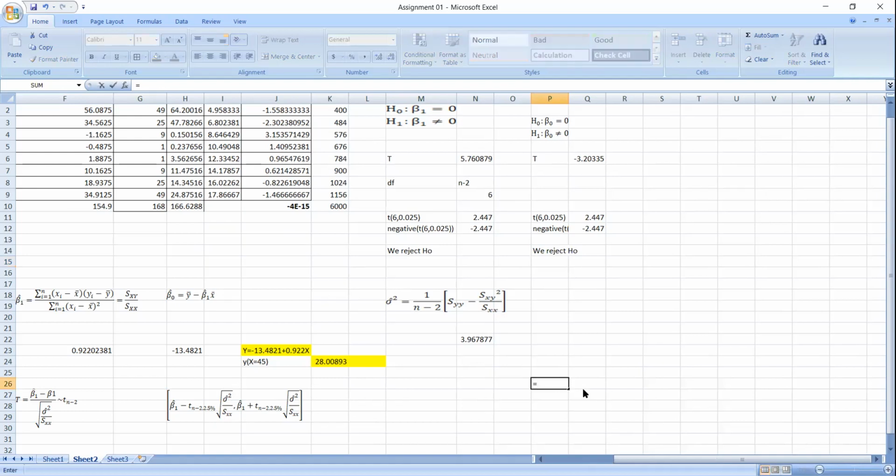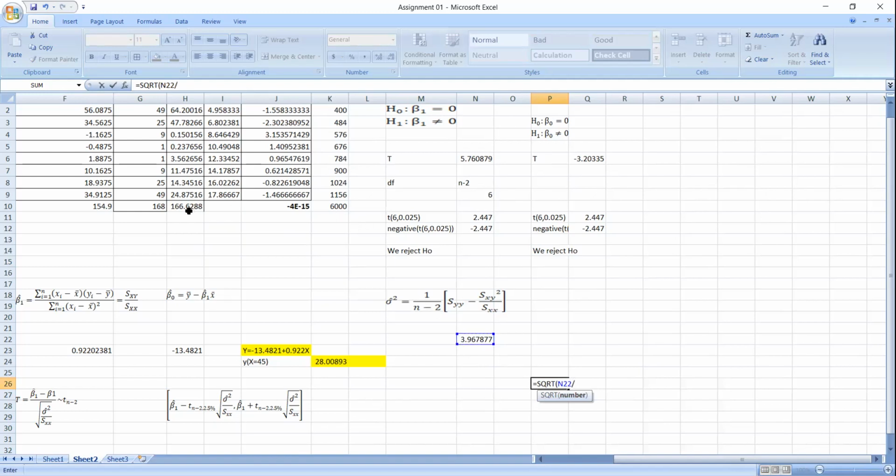What we have to do is we have to take the square root value of sigma squared hat. So we calculated the sigma squared hat and we have to just substitute this one and then divide by sxx.